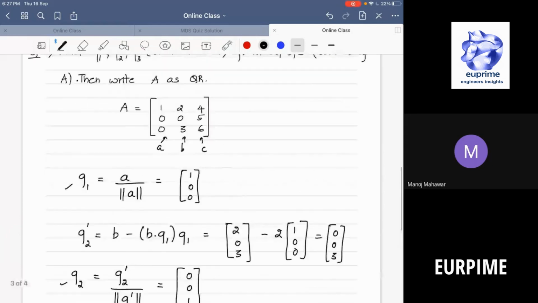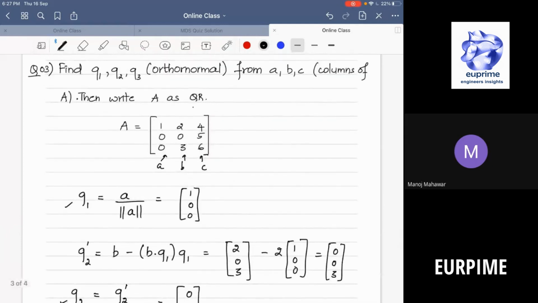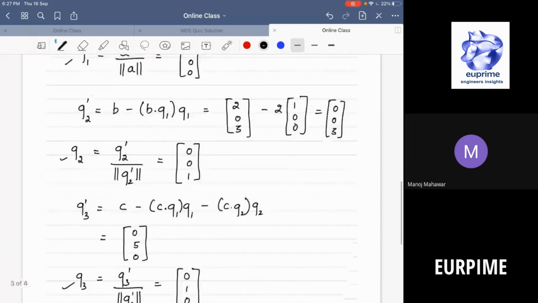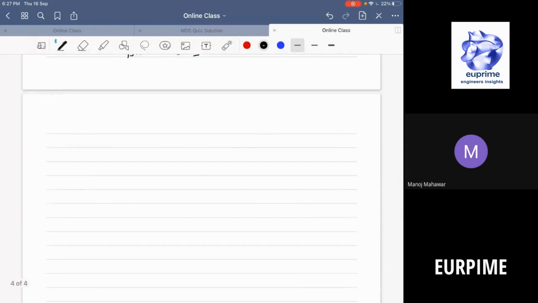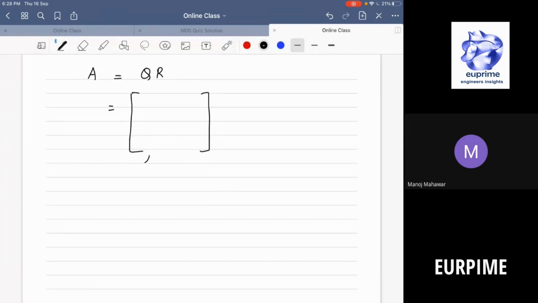Now the next part is they've asked us to find the QR decomposition, right? So I can write it as A is equal to Q times R, where Q has the column vectors which we obtained, Q1, Q2 and Q3. So let me rewrite it.